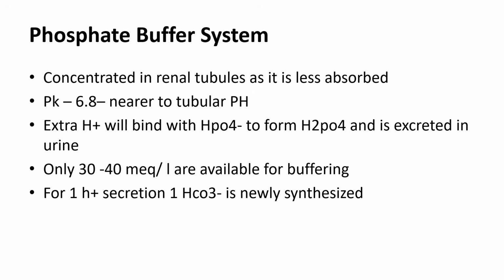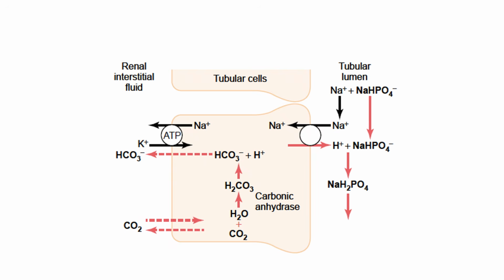Coming to the phosphate buffer, as we said, it has a pK of 6.8, which is near the tubular pH, and extra H plus will bind with hydrogen phosphate to form dihydrogen phosphate, and this dihydrogen phosphate is excreted in urine, and a maximum of 40 milliequivalents per liter is handled with this. So for every 1 H plus secreted, 1 bicarbonate is newly synthesized.